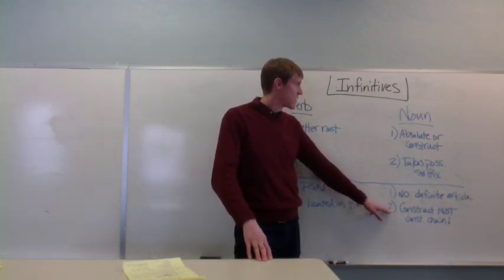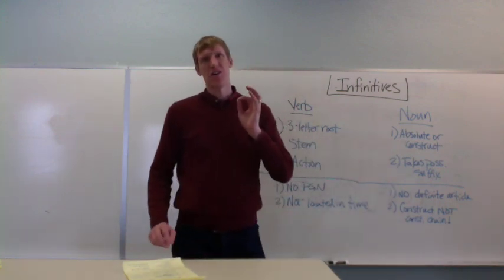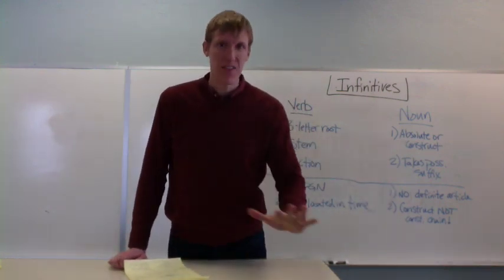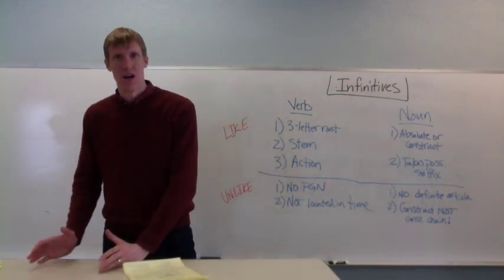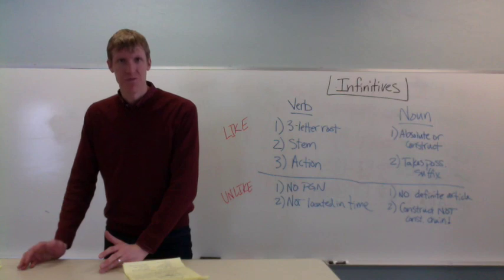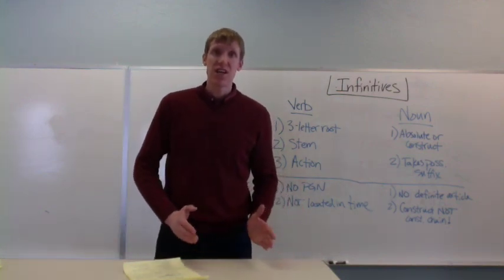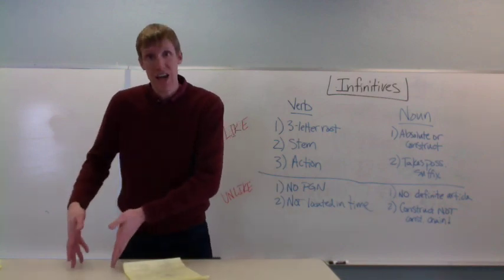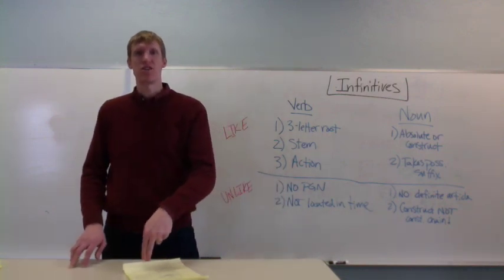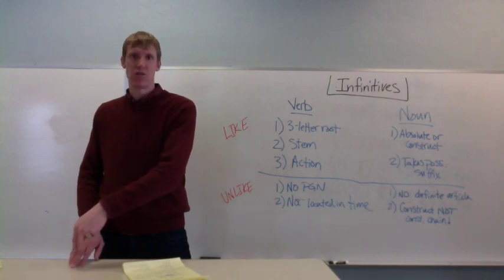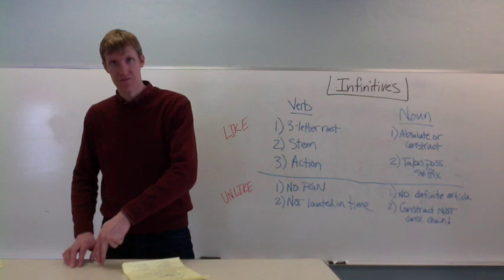And finally, infinitives are unlike nouns in that when you have an infinitive construct, it's not the same as a construct chain with respect to nouns. In construct chains, each of the nouns that precede the very last noun in the construct chain are in a dependent relationship to that final noun. This of this of this of this.